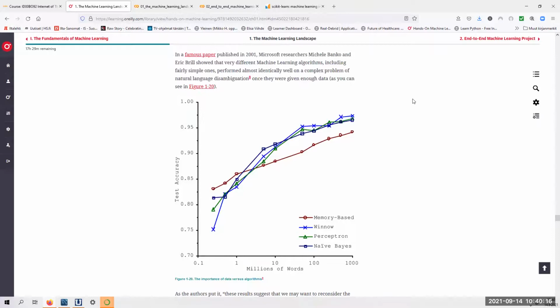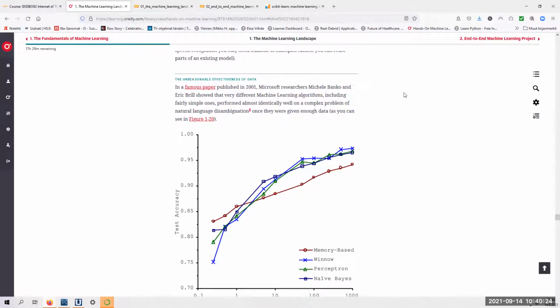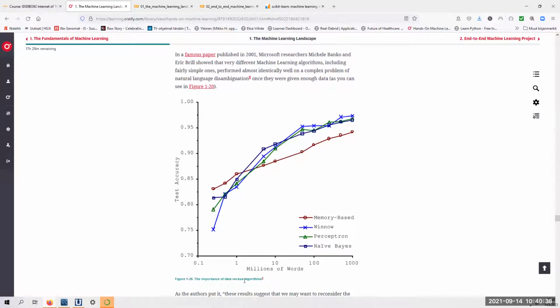So here you see the result of some speech recognition. The point is that here you have the millions of words it tries to recognize. So all the algorithms perform almost identically. So the number of data points is the critical one.